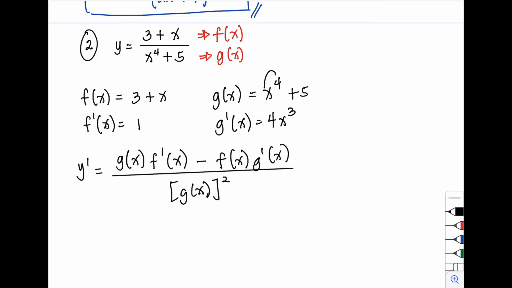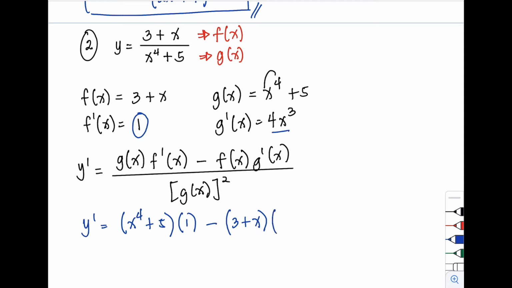Tama? So, substitute na natin ngayon guys yung ating mga function. So, we have y prime equals g of x, which is x raised to 4 plus 5 times f prime of x, meron tayong positive 1, minus f of x, which is 3 plus x. Then, ang ating g prime of x is 4x cubed.